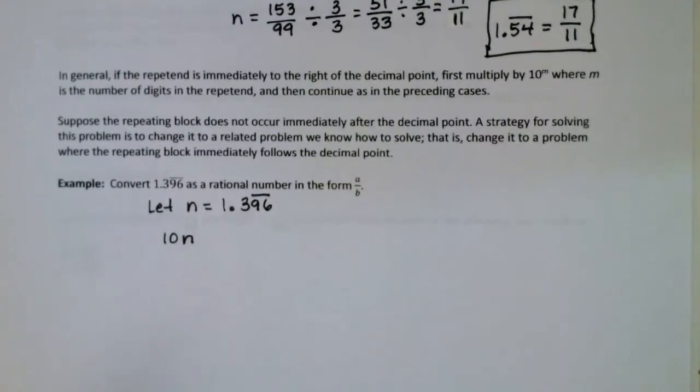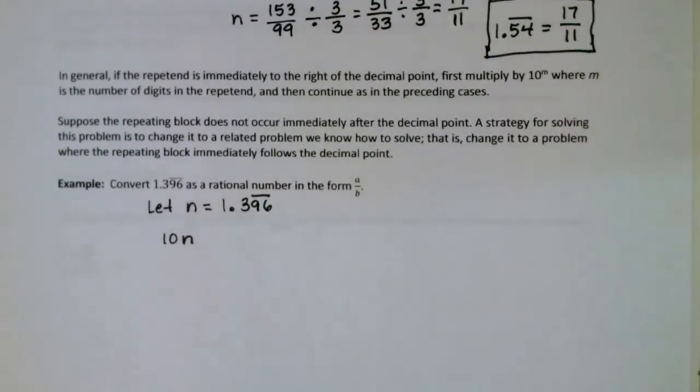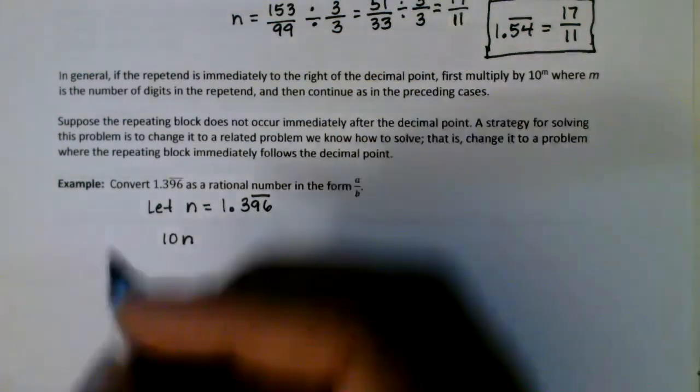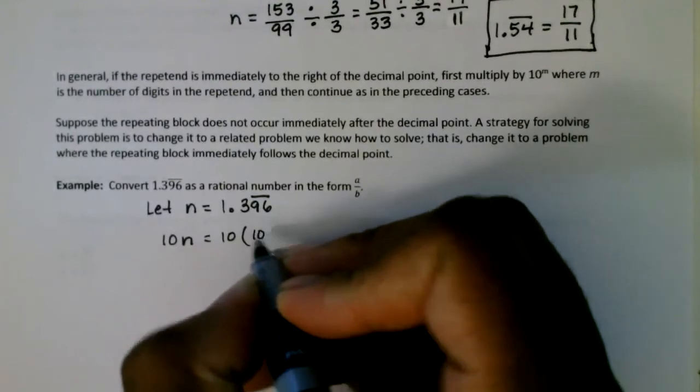The reason I chose 10 is because there's only one number after the decimal point that does not repeat. If there were two numbers that didn't repeat, then you would have to multiply both sides of the equation by 100. So here in this case, I'm multiplying both sides by 10.